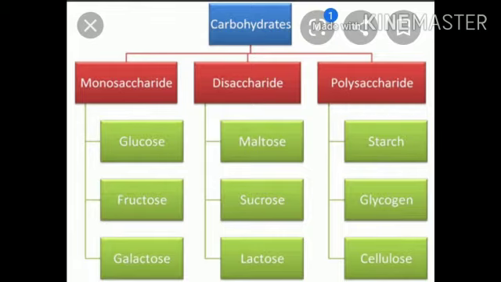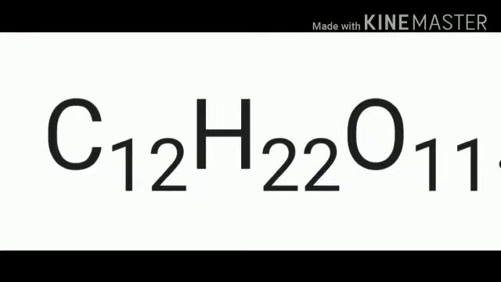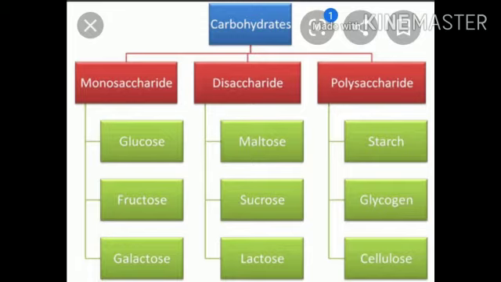Disaccharides are double sugars and the chemical formula is C12H22O11. Here we can see that hydrogen to oxygen ratio is 2:1. And as examples, we have sucrose, maltose, lactose. Disaccharides are double sugars, so they are made up of 2 simple sugars.